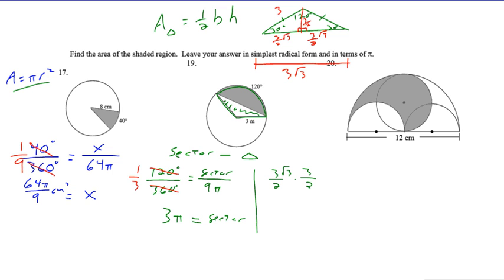This simplifies to be 9 square root of 3 over 4. If we're going to do this in exact terms, it would be 3 pi minus 9 square root of 3 over 4. And it does say leave your answer in simplest radical form and in terms of pi, and that's as close as we can get without plugging stuff into the calculator and rounding.